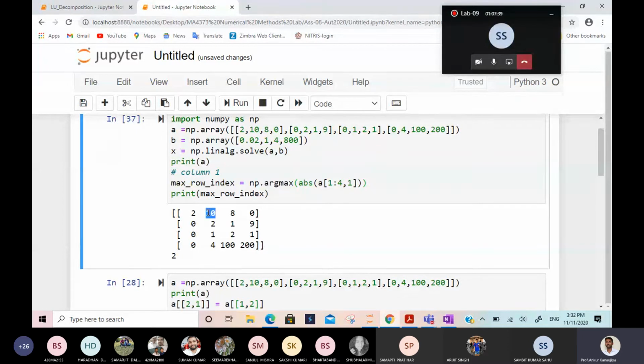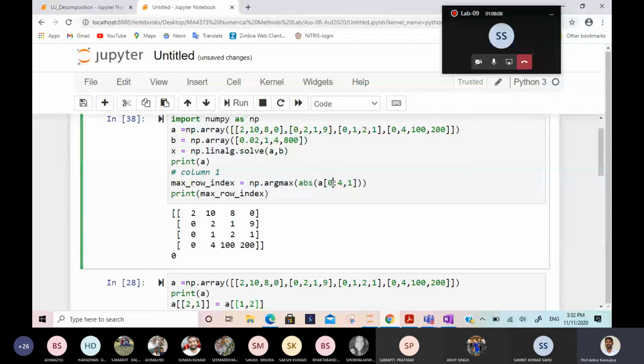I am not taking 10 in the maximum because we are finding, with the help of this, where the maximum is. So we are taking the maximum of these 3. This I already skipped, right? Yes, sir. Because it is written 1 to 4, not 0 to 4. If it is 0 to 4, it will take this 10 also. If I put 0 to 4, the whole column is covered, and then the maximum is at the 0th location, so the answer comes 0.